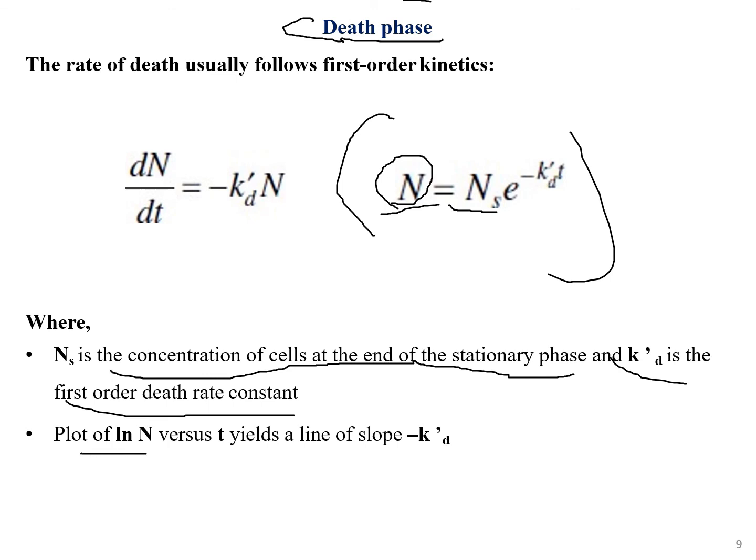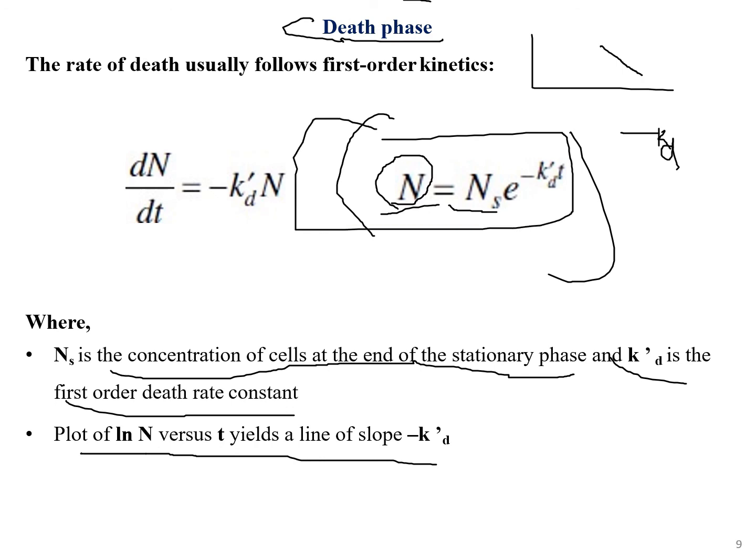We can plot ln N versus t, which yields a slope of minus k_d. So we will obtain a graph of the death phase like this, which has a slope of minus k_d. So this was about the death phase.